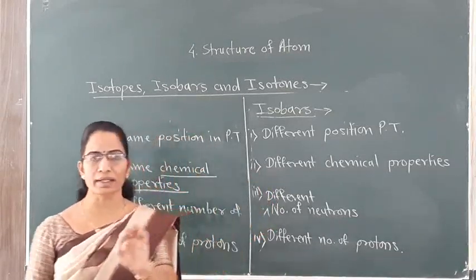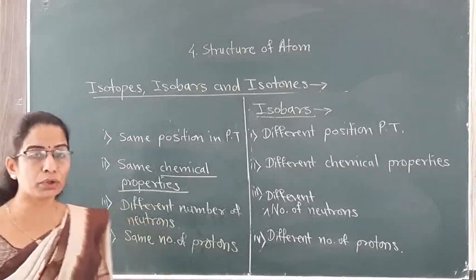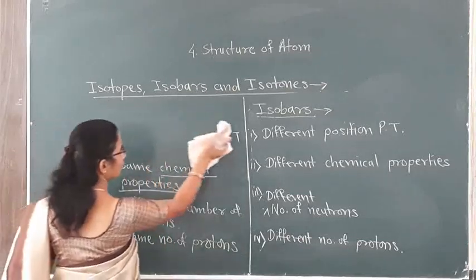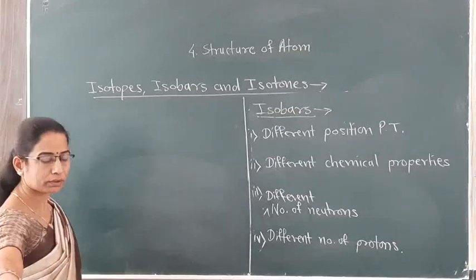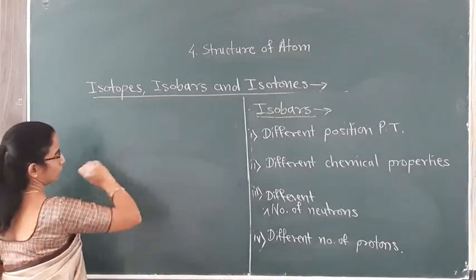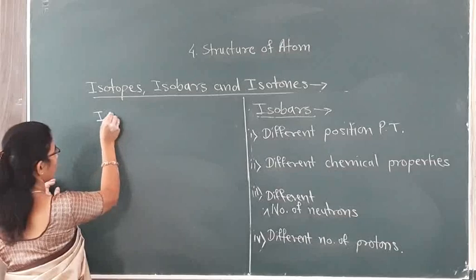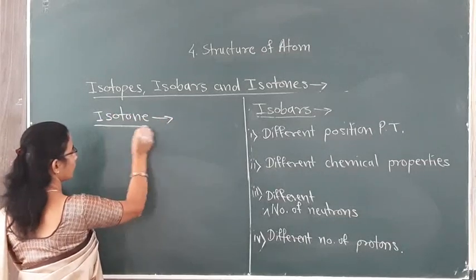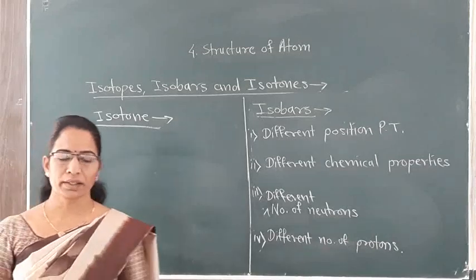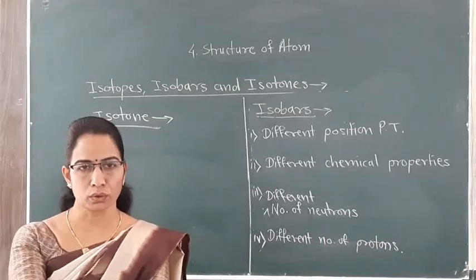Now if the atoms possess the same number of neutrons, then they will be called as isotones. The third concept, that is isotones.